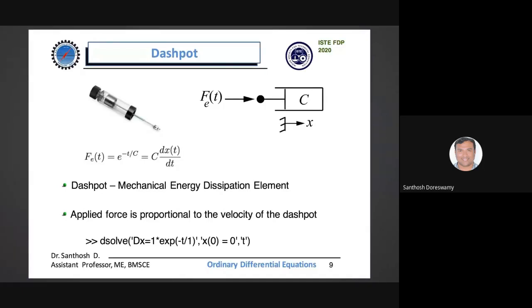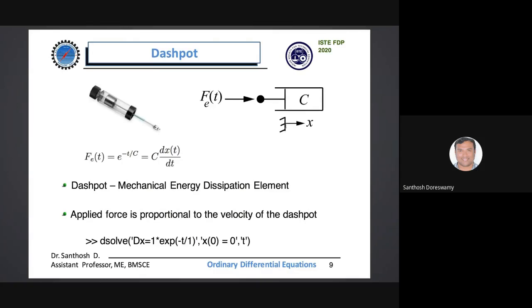Now it can be an air or a fluid, with a certain viscosity. Then you will see that there is a resisting force that is applied on the other face of the piston here from the fluid, whose magnitude is proportional to the velocity of the dashpot here.